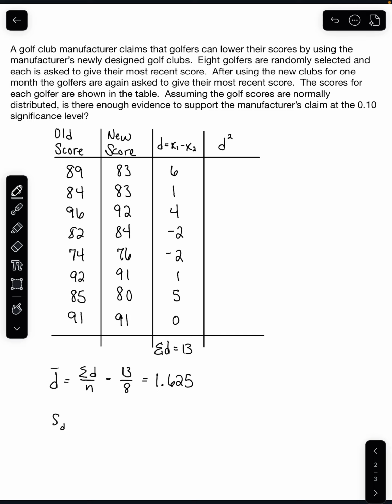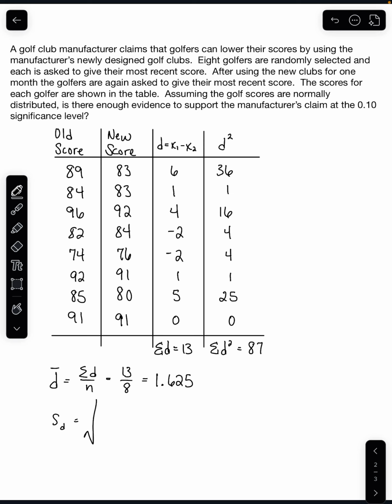But it is probably faster in this case to simply square the differences themselves. 6 squared is 36, 1 squared is 1, 4 squared is 16, -2 squared is +4, 5 squared is 25, and of course 0 squared is 0. Adding these up gives us a sum of 87.